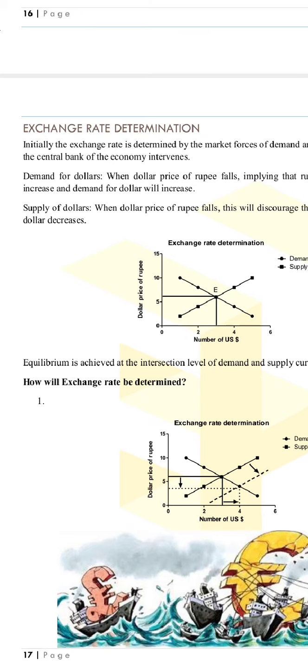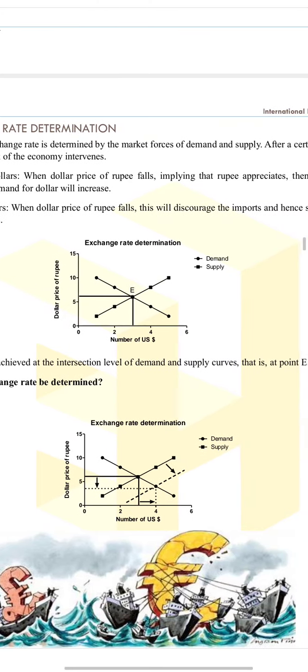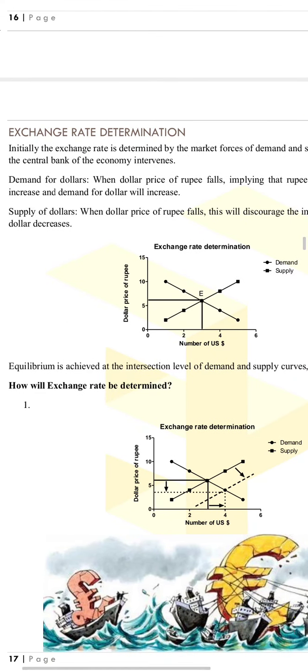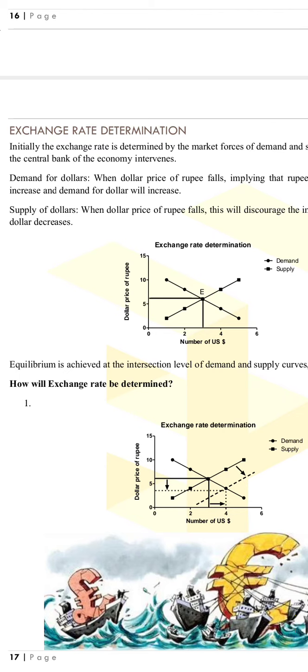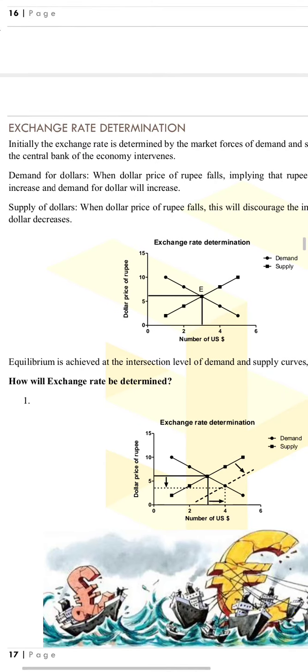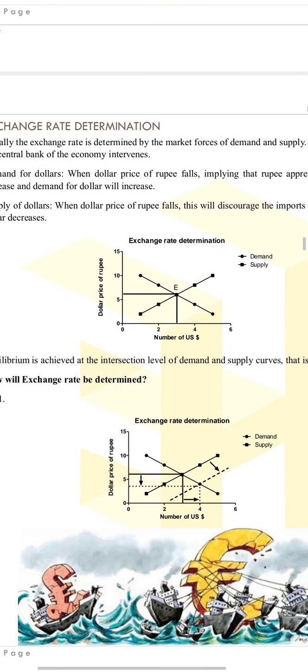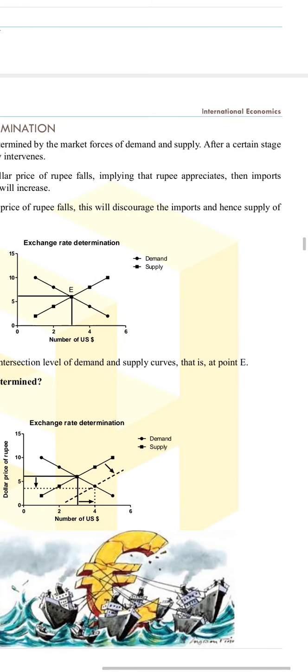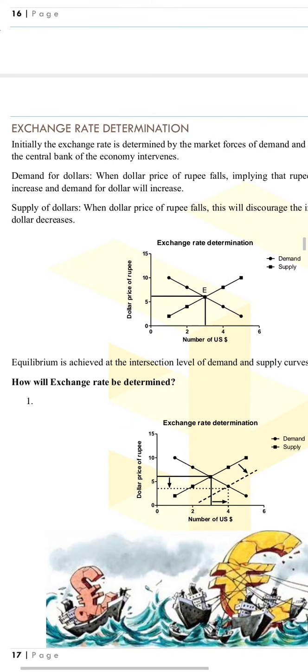Demand for dollars: when the dollar price of rupee falls, implying that the rupee appreciates, then imports increase and demand for dollars will increase. Supply of dollars: when the dollar price of rupee falls, this will discourage imports and hence the supply of dollars decreases.